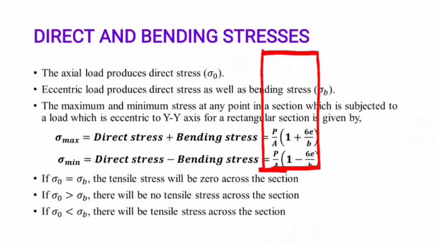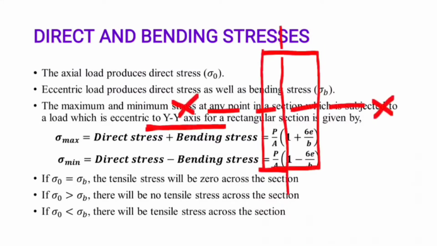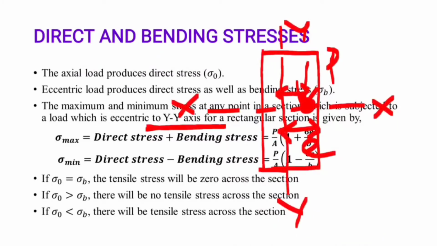In this rectangular section, a load is applied and it has some eccentricity to the y axis. This is the x axis, this is the y axis. From the y axis we measure some eccentricity. This is E. Eccentricity is there due to application of load.